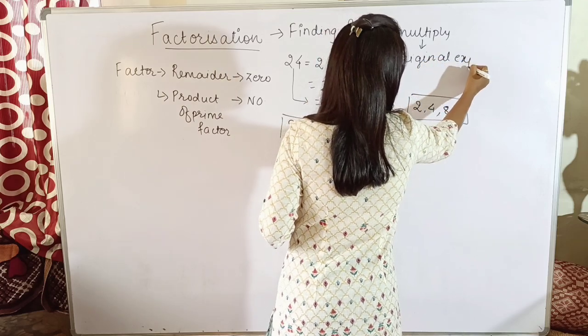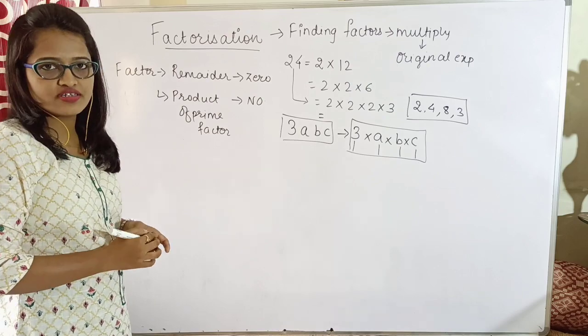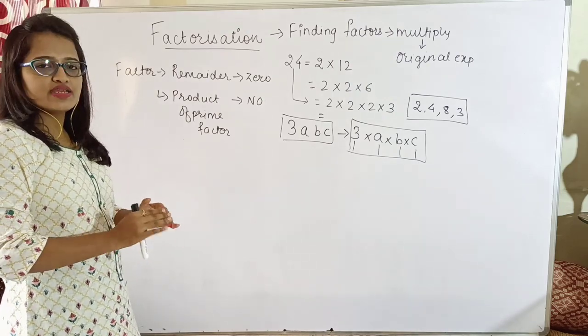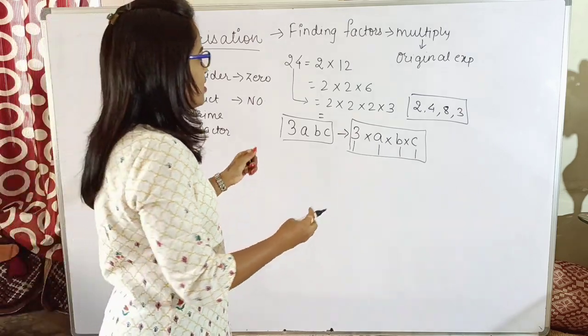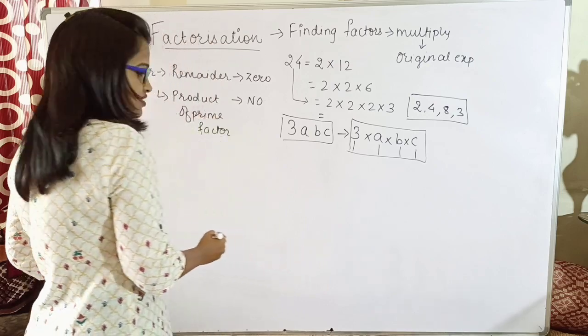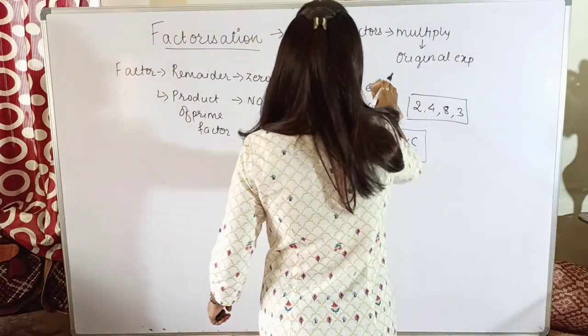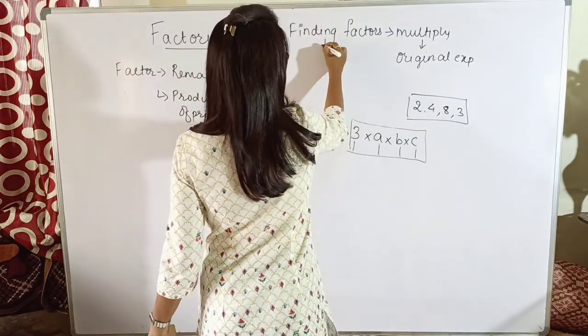So factorization is a process of finding the factors of the given algebraic expression such that when you multiply those factors, you get the original expression. And whenever you are finding the factors, they should be irreducible.